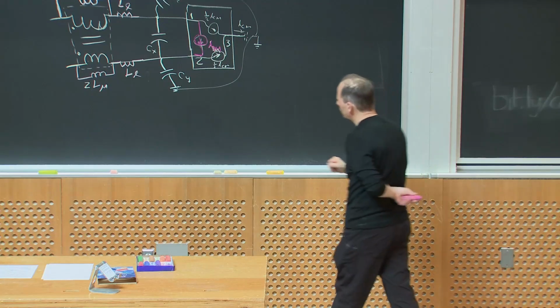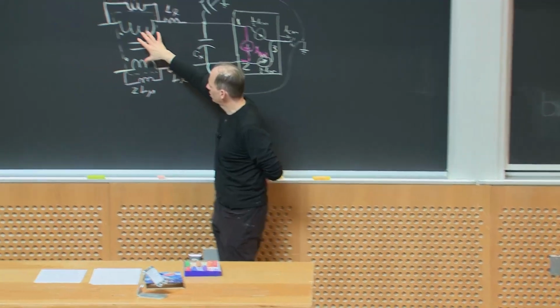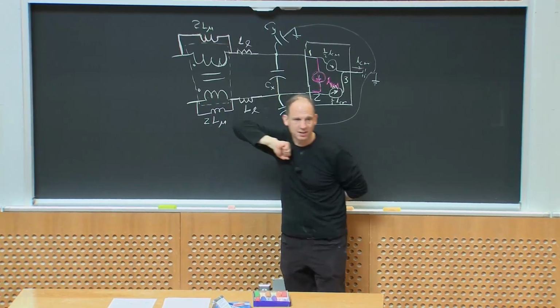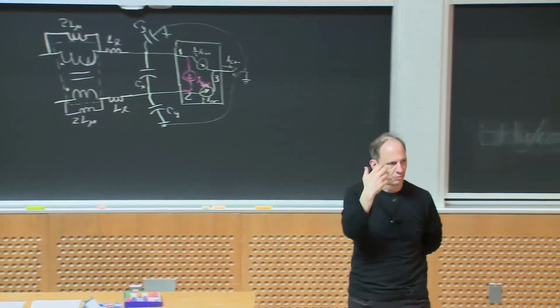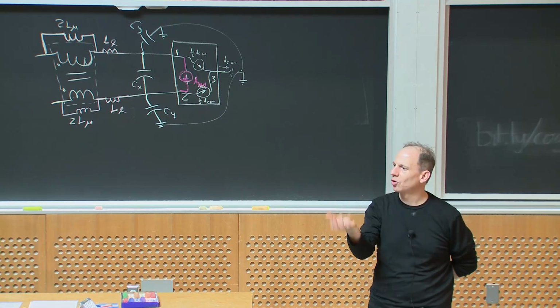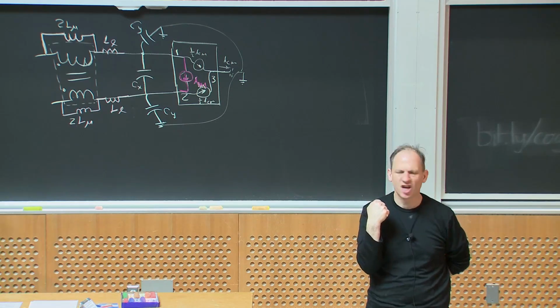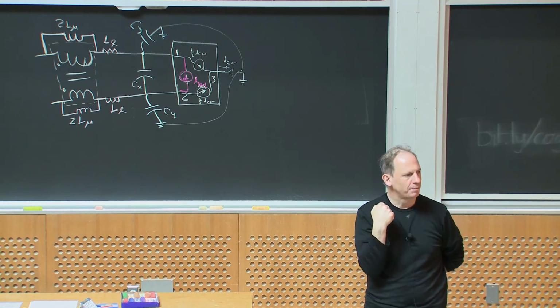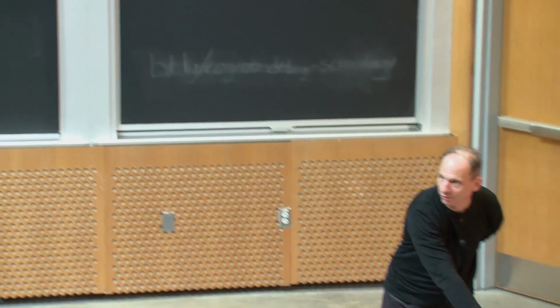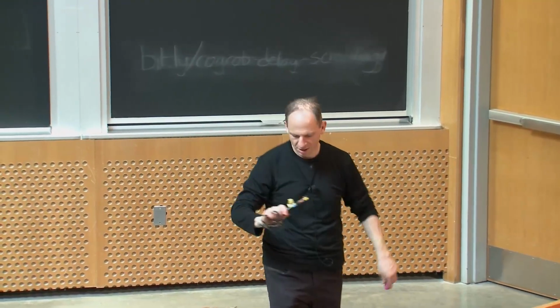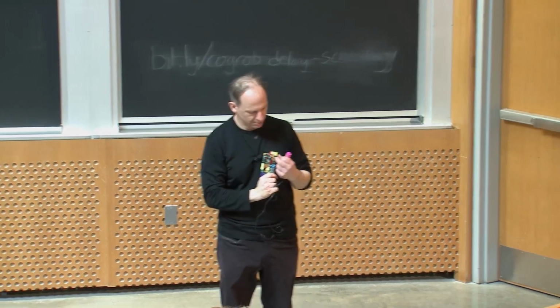So, to the extent that the differential mode currents don't go through the magnetizing inductance, I can get very high magnetizing inductance with very few turns by using an ungapped core. And it's not going to be very large. And by the way, in the one I'm passing around here, may I steal this back? I don't know, did this make it over to the right-hand side of the class? Yeah. So, see these guys here?